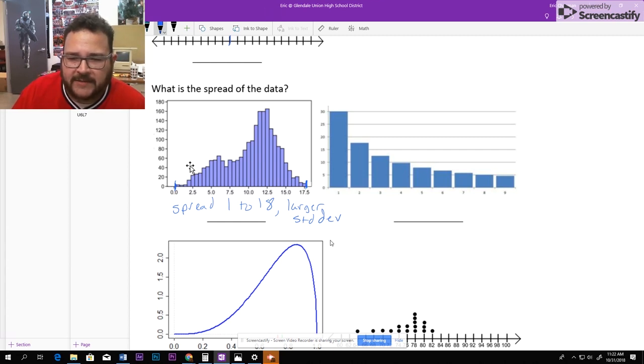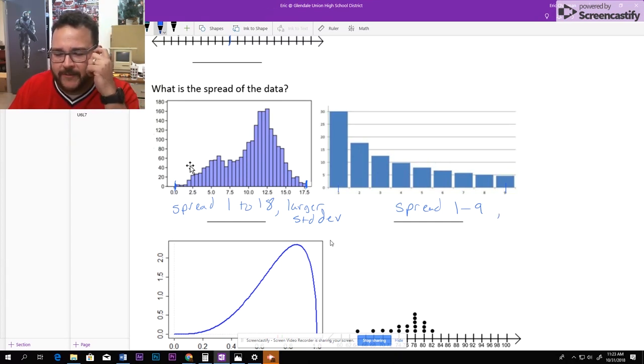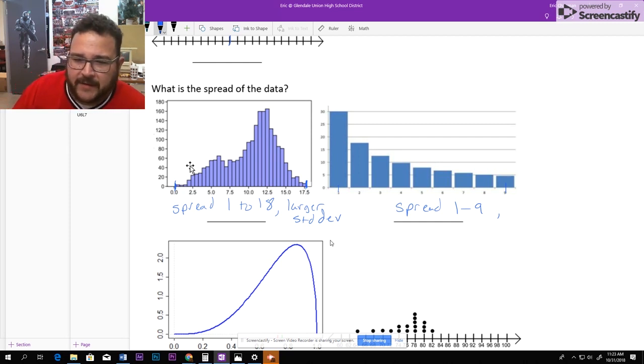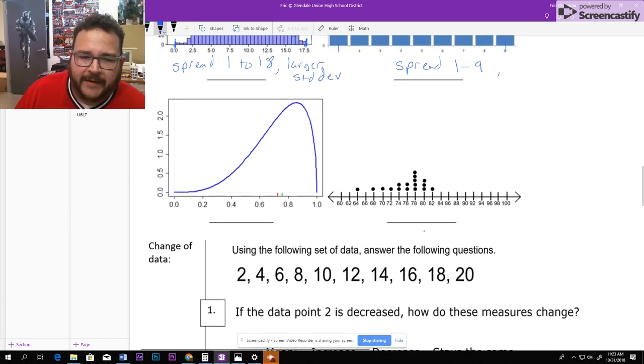Okay, if we look at this one, this is from 1 to 9. So our spread is 1 to 9, which, we have nothing to compare it to, so we can't really say that the standard deviation is large, but it's going to be an increased standard deviation than if it was smaller. All right, this one we have a spread that goes from 0 to 1.